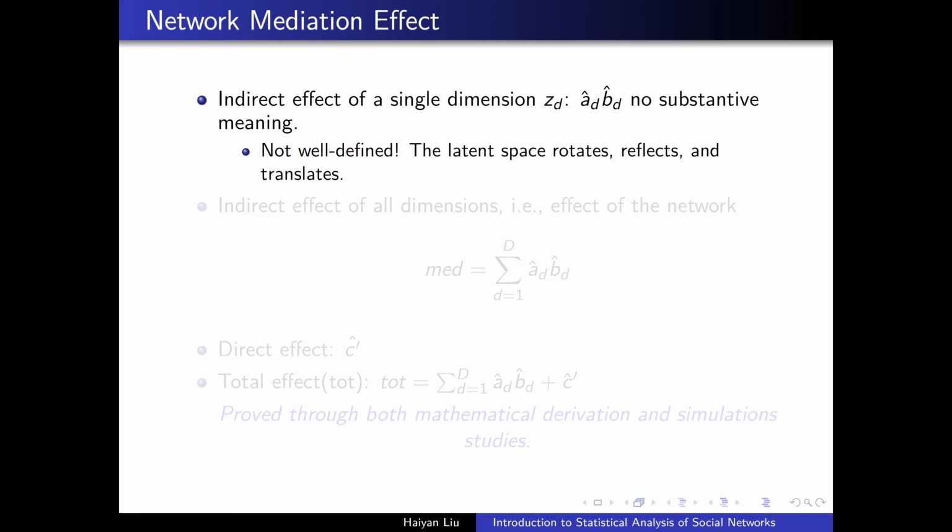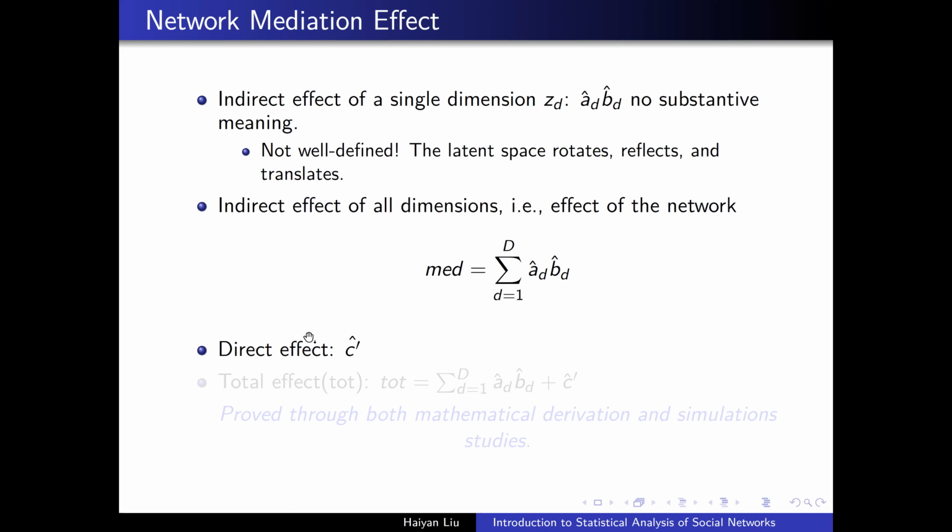Now, we can also get the total indirect effect along all dimensions, which is the sum of all those effects along dimensions. And we also get the direct effect estimate and the total effect estimate.